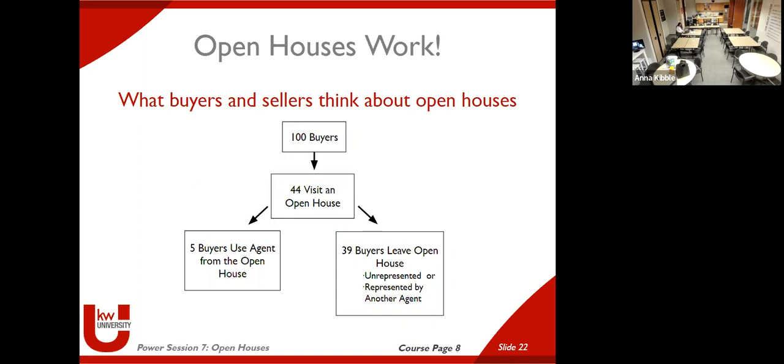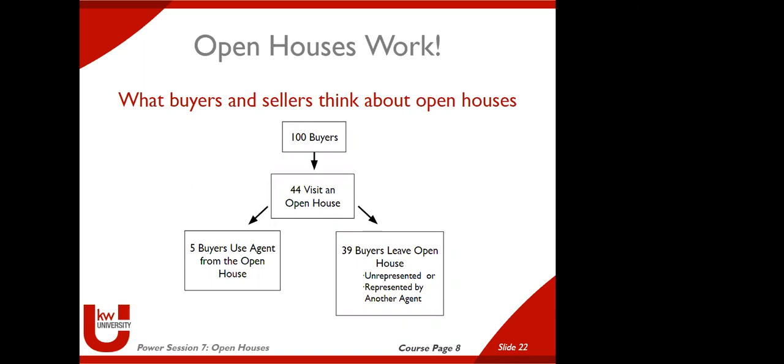So which agent is going to be more successful at the open house? Agent A shows up 5 minutes before the open house, puts up 5 signs, and then does the open house.